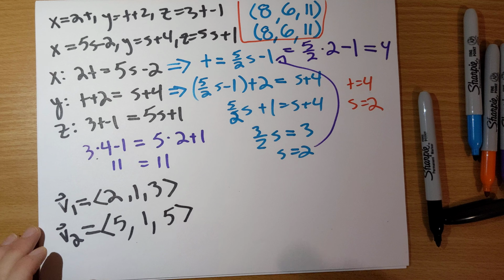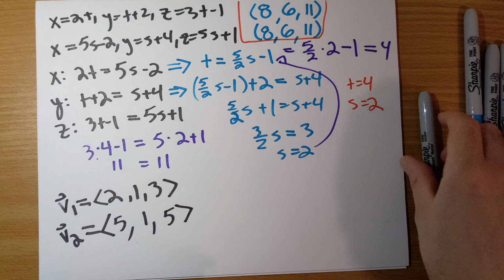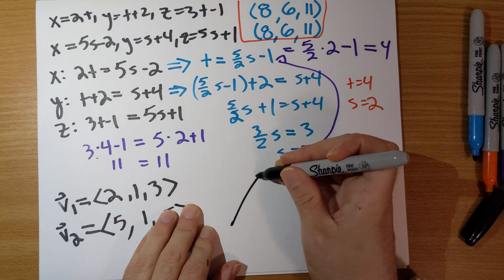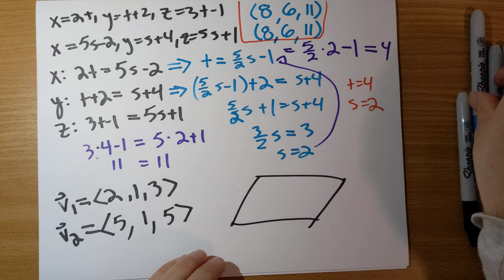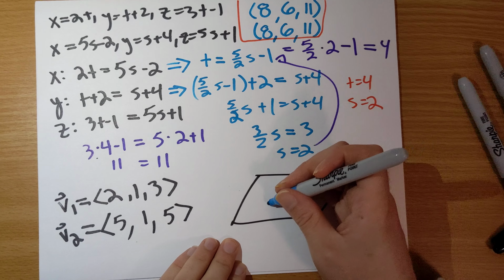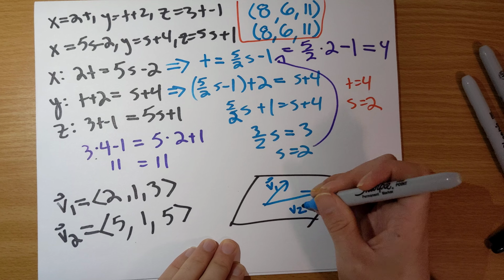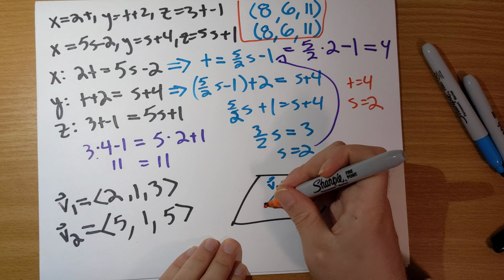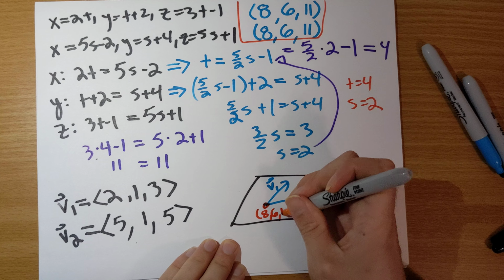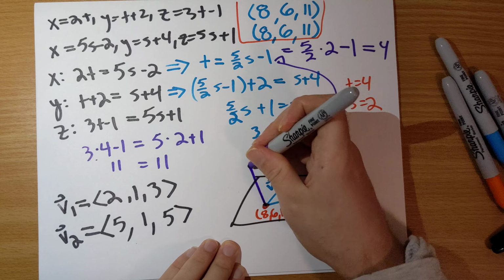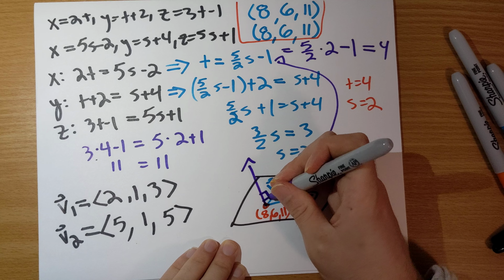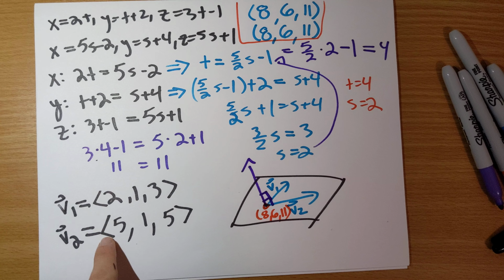So 2, 1, 3, 5, 1, 5. These are two vectors that lie parallel in our plane. So like here is V1, here is V2. This point right here is our point 8, 6, 11. How do we find a normal vector? We take the cross product of V1 and V2.